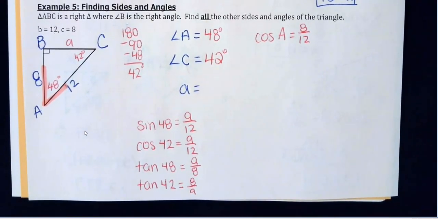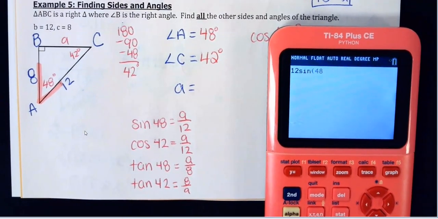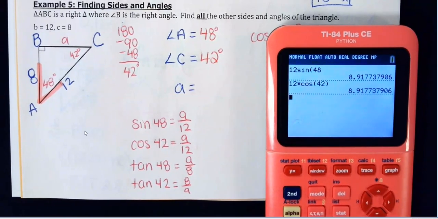So there's a lot of different options when you have that. Or on top of that, you could do the Pythagorean theorem, A squared plus B squared equals C squared. Any of these should give me the same number. So if I do 12 times sine 48, or if I do 12 times cosine 42, you're going to see these are going to be exactly the same decimal. If I did 8 times tangent of 48, ooh, that one's not right.